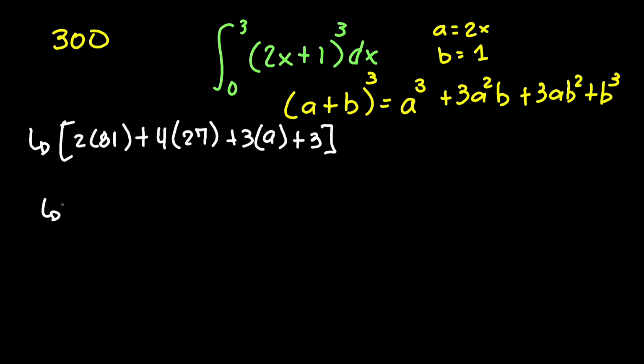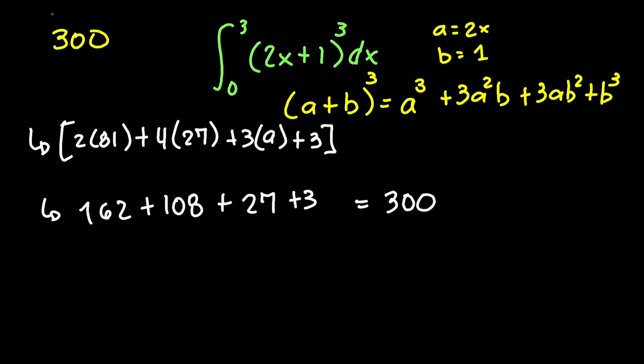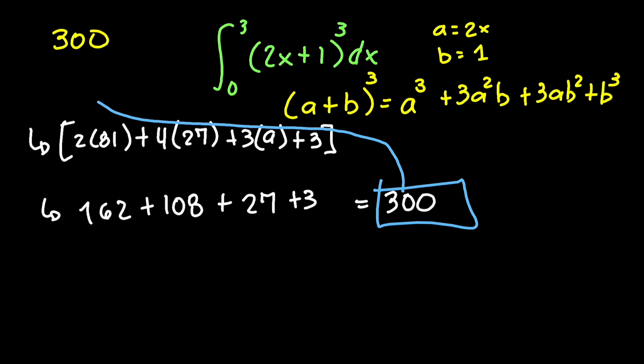Two multiplied by 81 would be 162, plus 4 multiplied by 27 would be 108, plus 3 multiplied by 9 would be 27, plus 3, which all equals 300. Which, as you can see here, has the same answer as our substitution method earlier.